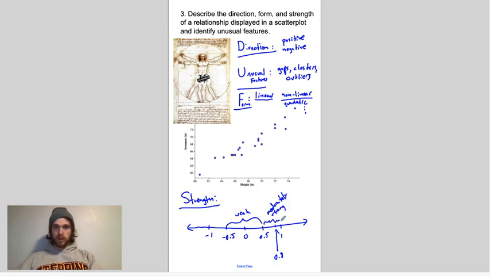And between 0.8 and 1, that tiny little segment is strong correlation. Okay? And moderately strong can also be seen here. This is negative 0.8, in this range, and strong can also be seen in this tiny range.